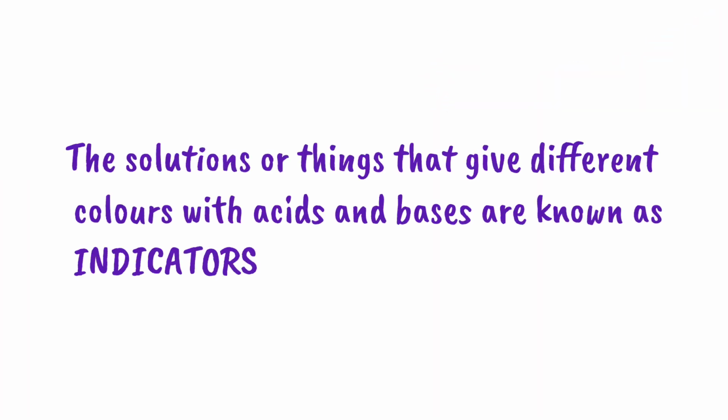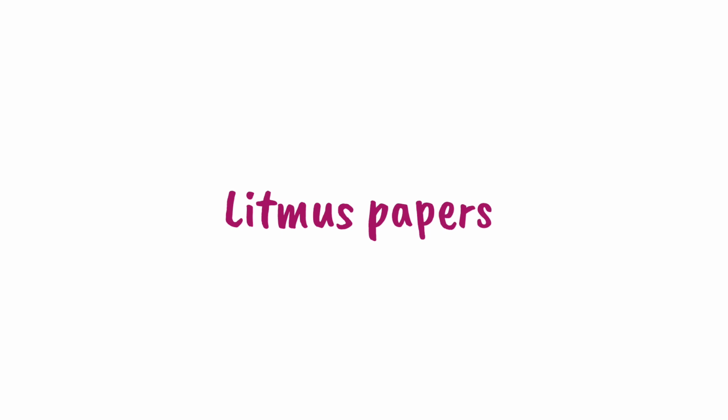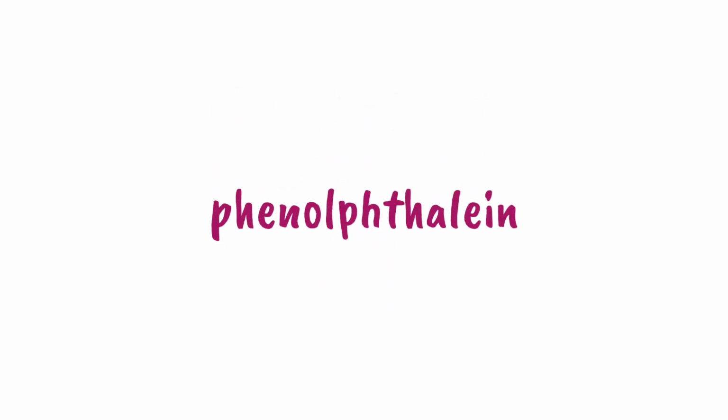The solutions or things that give different colors with acids and bases are known as indicators. We use several indicators for this purpose, but today we shall discuss some of them. They are litmus papers, pH papers, phenolphthalein indicators, and methyl orange indicators.